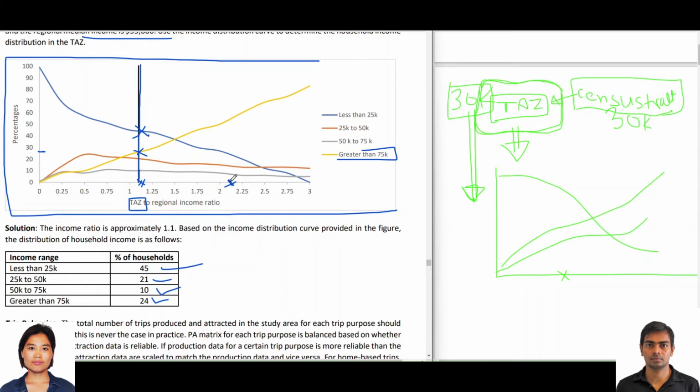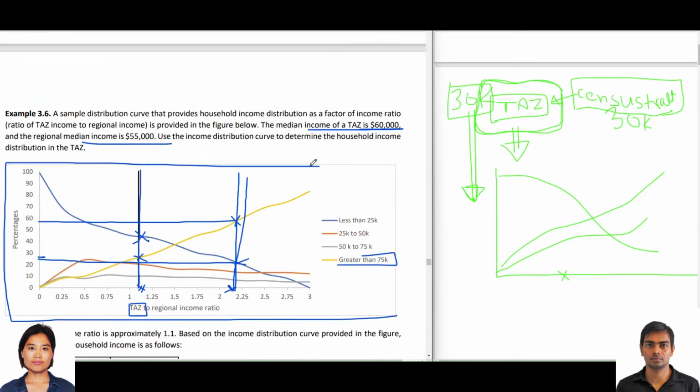Let's say the TAZ to regional ratio is 2.1. Then we will draw a vertical line, and it will cut the top graph here. So greater than 75 will be around 60% of people. It will cut this blue line, which is less than 25, at around, let's say, 25%, and so on.